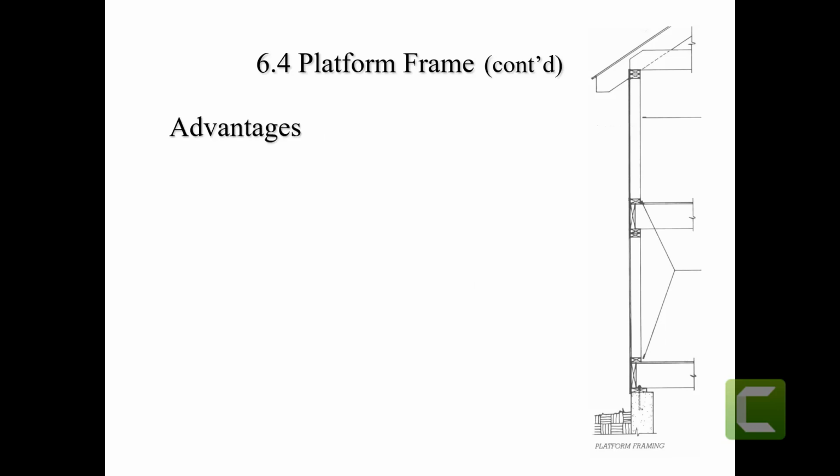Now, when you compare that to a platform frame construction, you're looking at a sole plate that rests on the foundation, and in this case, we have a pier and beam foundation, but even on slab on grade, you have your foundation, then you have your sole plate, studs, and double top plate. The floor is completely cut.